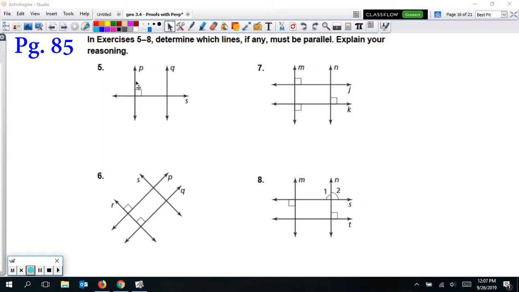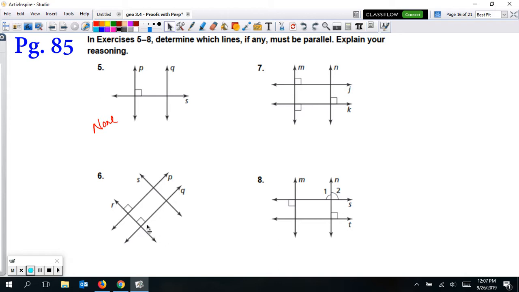Basically the only lines you could determine would be P and Q. Are P and Q parallel? We can't say that they are, because S is perpendicular to P, but S is not perpendicular to Q. So definitely we can't say that. For that one, there's no lines that we can determine that are parallel on that diagram.